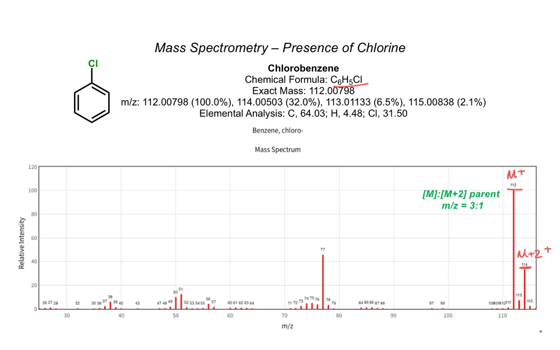The superscript plus means these are ions. That's what the instrument detects. So you have an M and an M plus 2. If you draw the lines over to the y-axis, you get these numbers, 100%, 32%. So that's basically your 3-to-1 ratio.